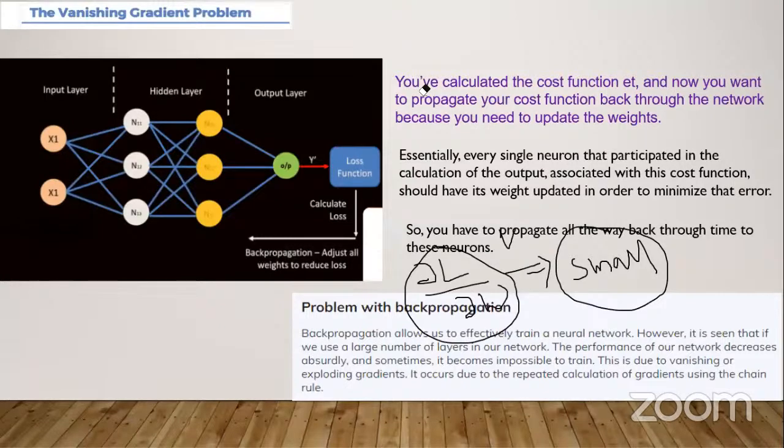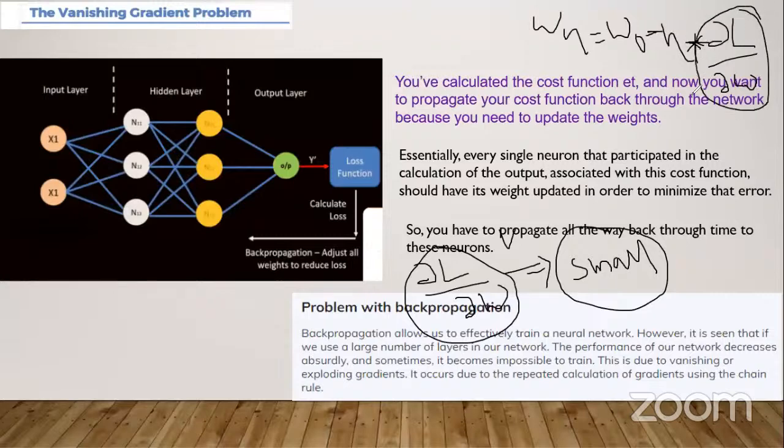How is the new weight calculated? Weight new equals weight old minus eta (the learning rate) times the derivative with respect to the weight. The influencing factor here to change the weight is the derivative. If it is positive or negative, on that basis I either add to the old weight or subtract from the old weight.